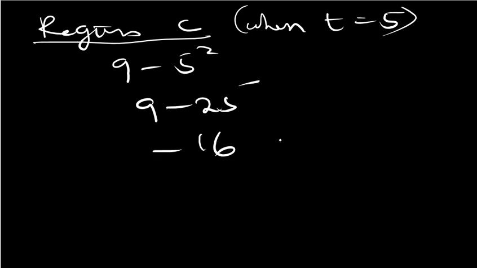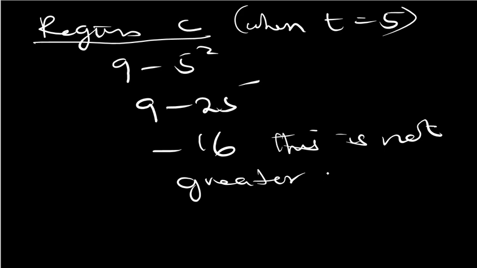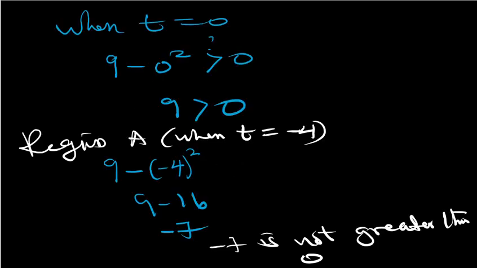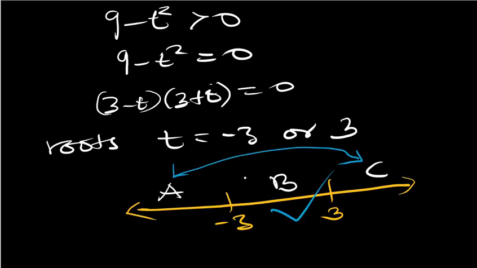And we know -16 is not greater than 0. So it doesn't satisfy our quadratic inequality. So the only region that satisfies our quadratic inequality is B.